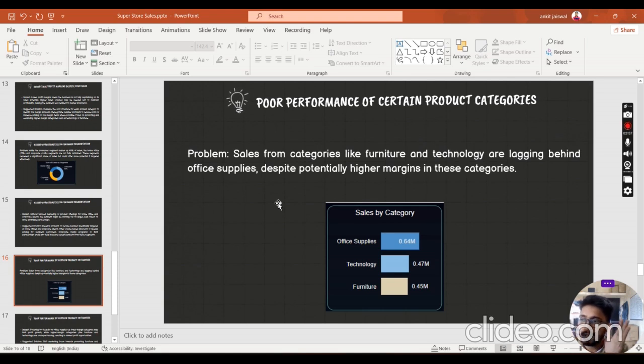Technology is something which is being used by everyone, but why is it lagging behind? Furniture is being used by every household, so why is it lagging behind? Maybe we are not able to target these high potential products to customers.